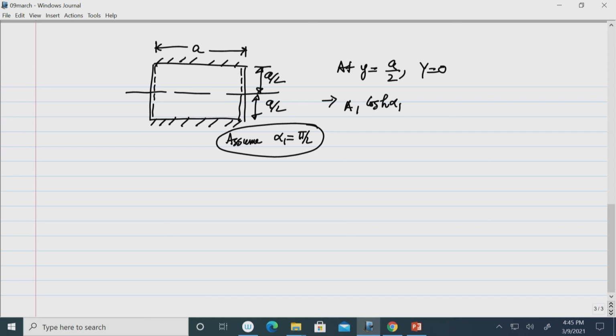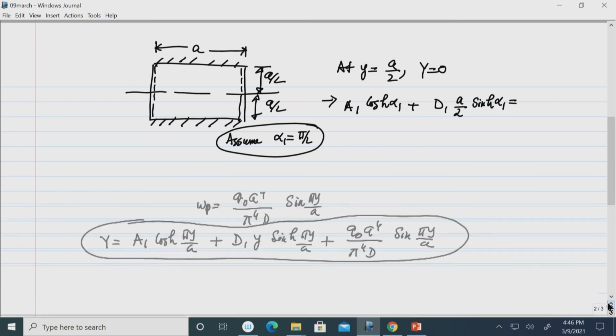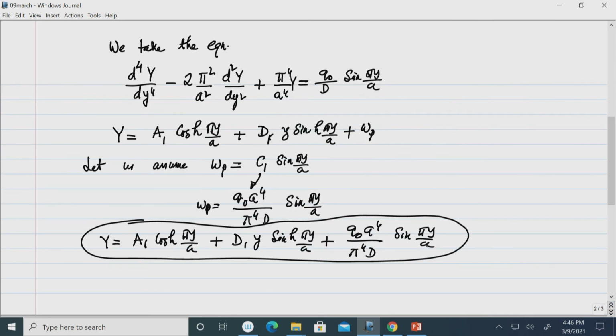After substituting y is equal to a by 2, the first term in this deflection equation is this, then the second term will come as d 1 a by 2, because y is there, so a by 2 and sin hyperbolic alpha 1 equal to pi by 2. Then your non-homogeneous term: if you see here, sin pi y by a was there.